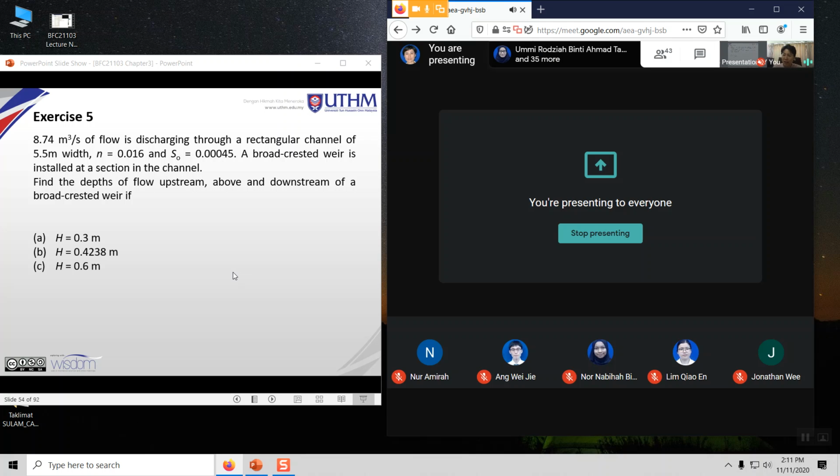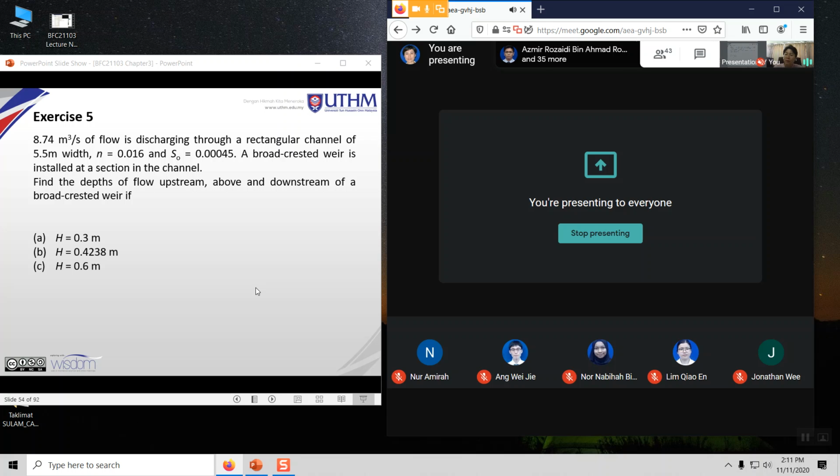Manning roughness coefficient is given, so we know that we would find our uniform depth of flow using section factor from the Manning equation, and the longitudinal slope is given as well. So a broad crested weir is installed. So you know that this is the case where you need to find H min already, since it is a problem of flow over a broad crested weir.